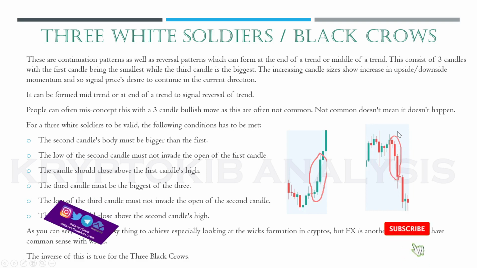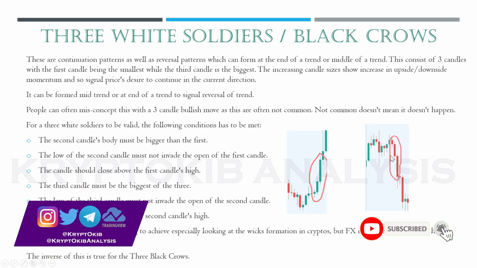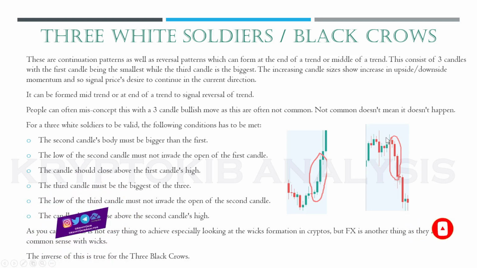So this is a valid three black crows. And as you can see, price was rallying up, then this three-candle formation came. So when you see this formation, what do you expect? You expect a continuation to the downside. That was why I said it can be a reversal pattern because it happened at the top of the trend, and a continuation pattern, which means the moment it has formed, price is likely to continue moving downwards.